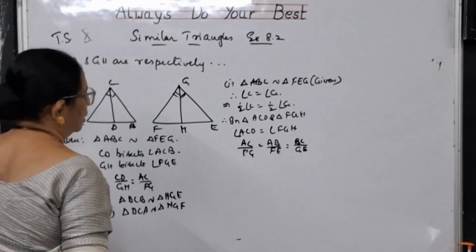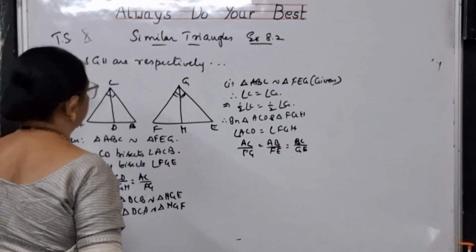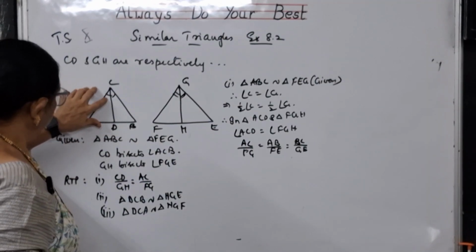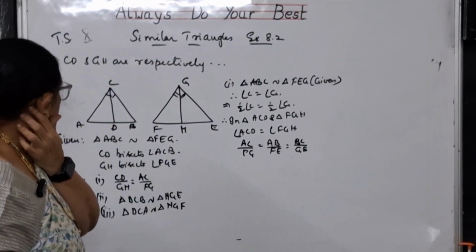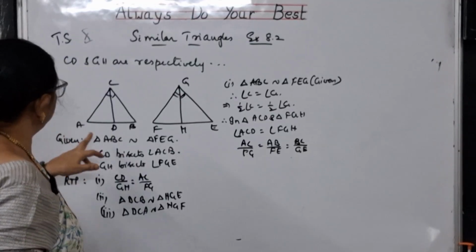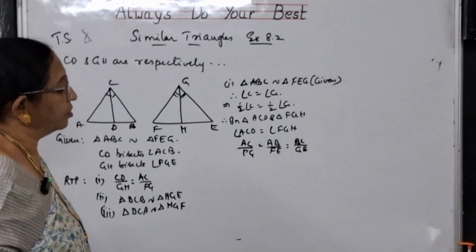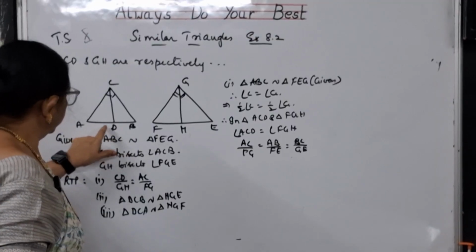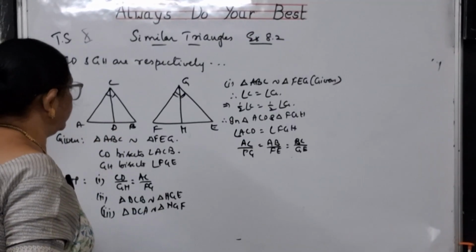This we will be writing. But in this, when you are writing the bisector of a vertical angle, then definitely it bisects the base also. This base also, they are bisecting.